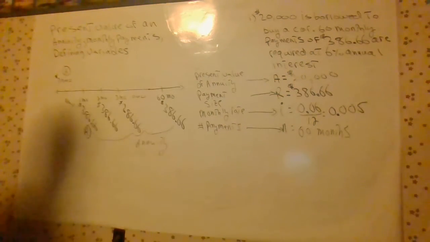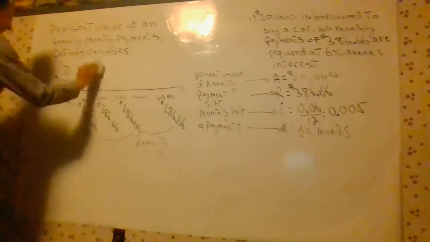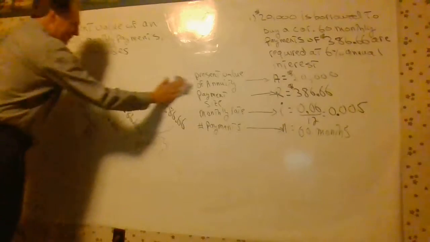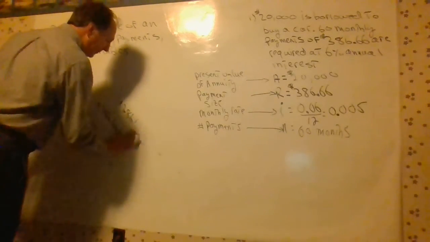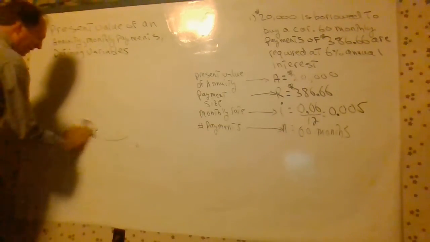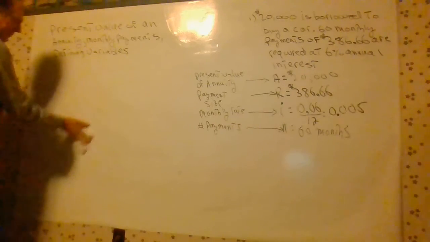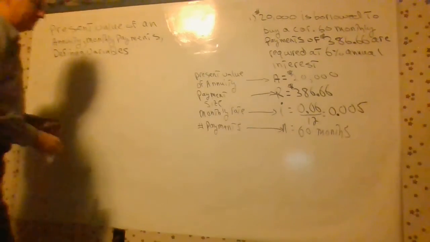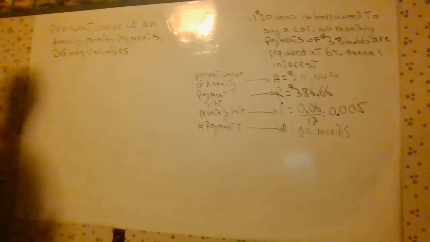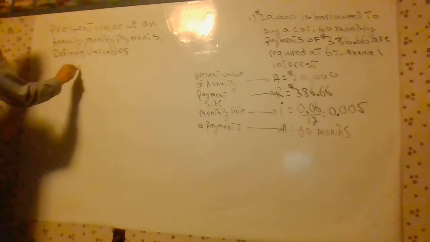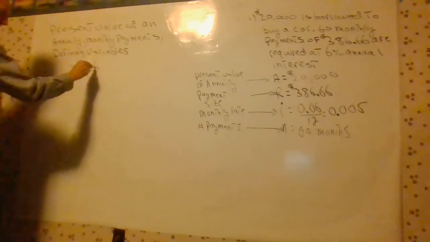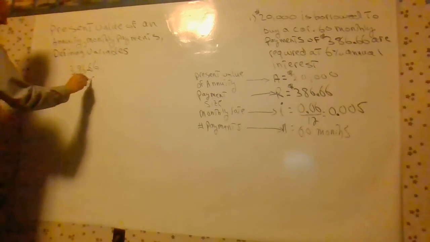Now what's happening here is, if you do get a car loan, the bank will usually provide you with this information. We are making 386.66 times 60.